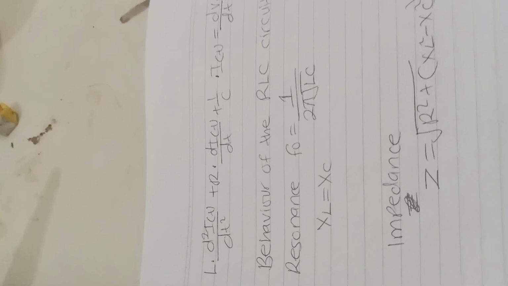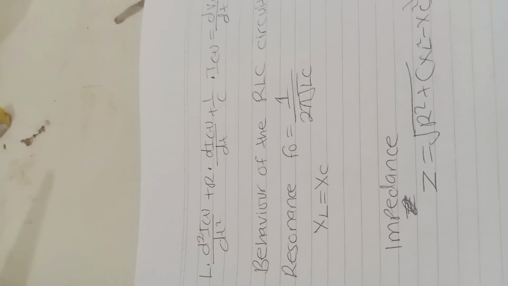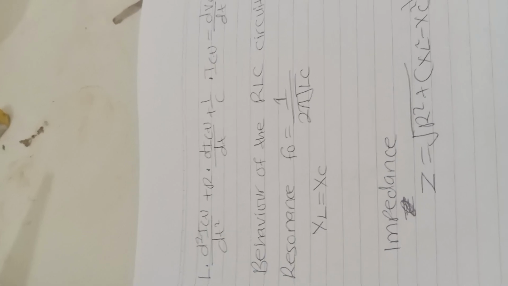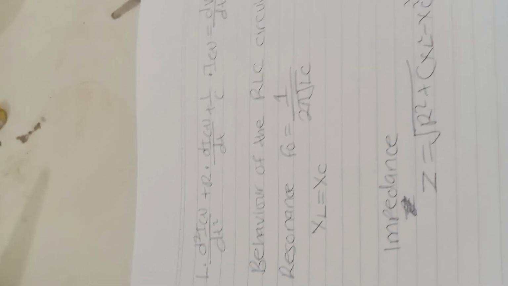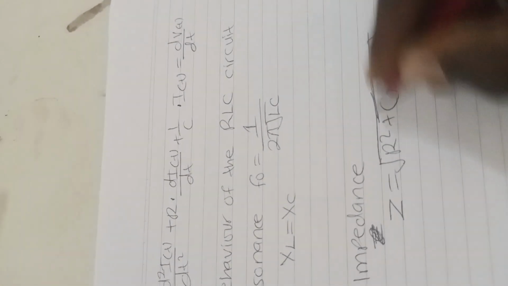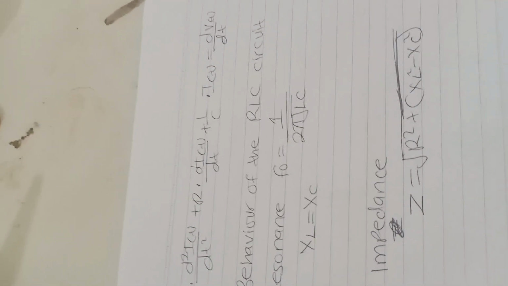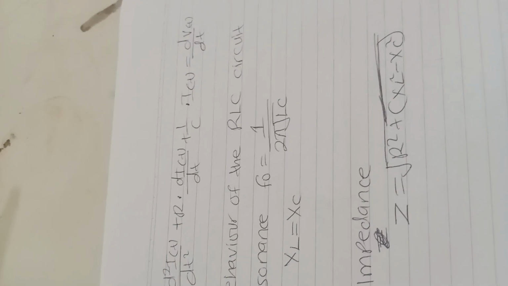Impedance of an RLC is the total opposition to the flow of current, which combines the resistance and reactance from the inductor and capacitor. Impedance is frequency dependent, and it is given by this. So this is the formula for impedance, and this is all what I have for the RLC circuit.